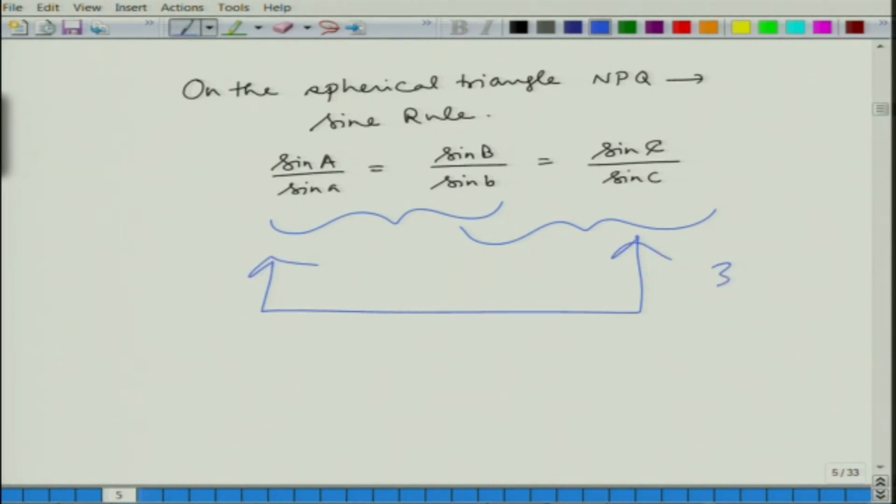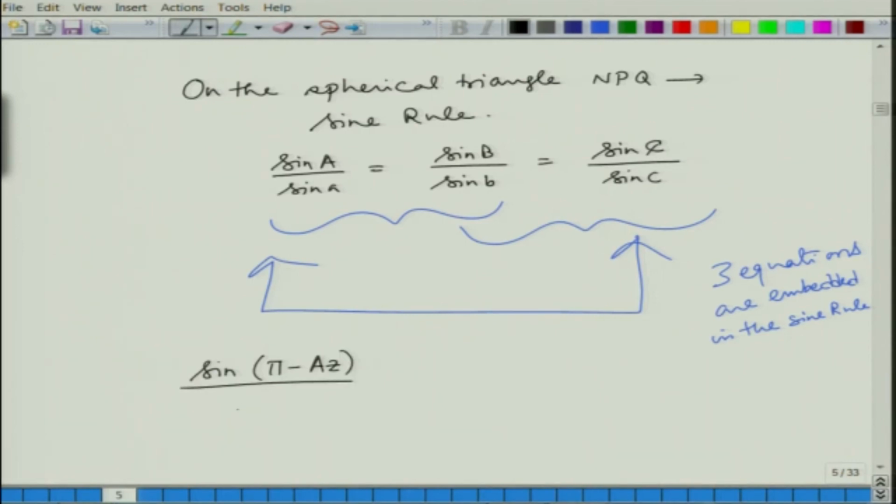So, three pairs are embedded in the sine rule. Do you agree? Yes. Now, we are going to use just one in this case. So, let me write the equation first and then I will explain why we are writing it.